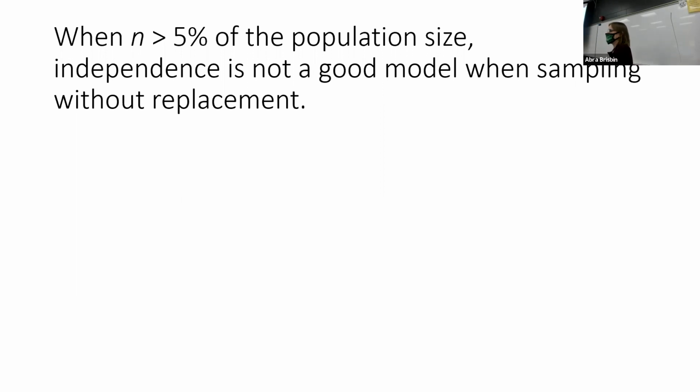That is, when you're doing your sampling and not putting people back into the population after you sample them, so you're making sure that you're not surveying the same person twice. Independence is not a good model if your sample size is large compared to your population size.